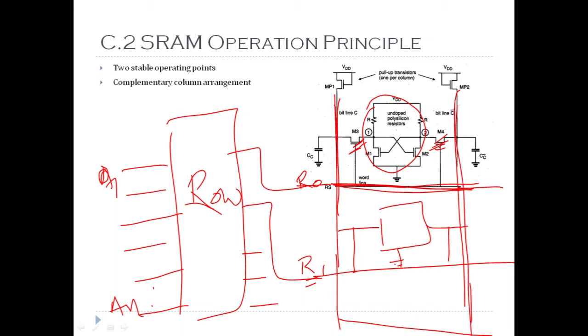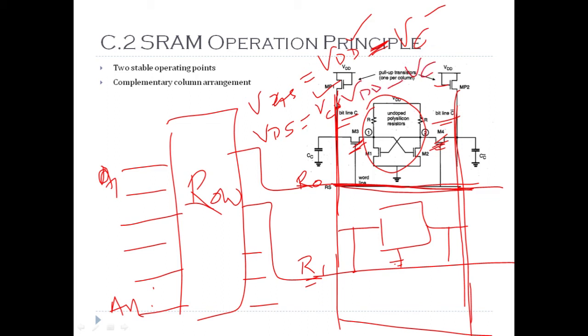Now these column lines, which are also called bit lines, are connected to VDD through a pull-up transistor. This is an NMOS pull-up transistor whose gate is connected to VDD, so it is always on. Not just always on, but its VGS value is VDD minus VC, considering the voltage at this column is VC, and its drain voltage is also VDD.